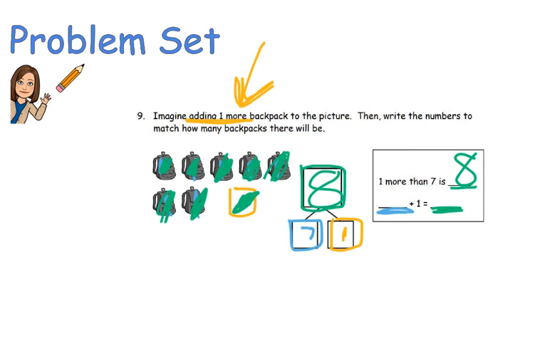So this is saying something plus 1. How many backpacks did we start off with again? Let's look back at our picture. 1, 2, 3, 4, 5, 6, 7. 7 goes here. Then we added one more. And now we have 8.